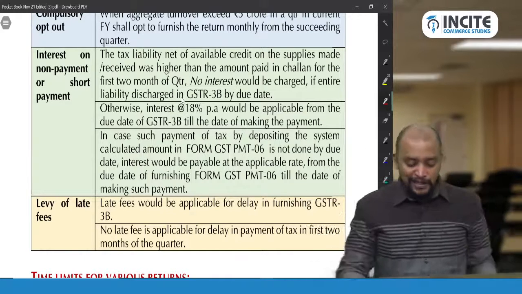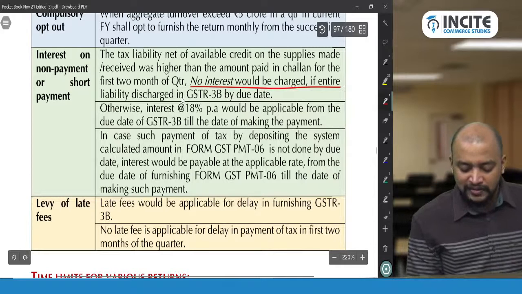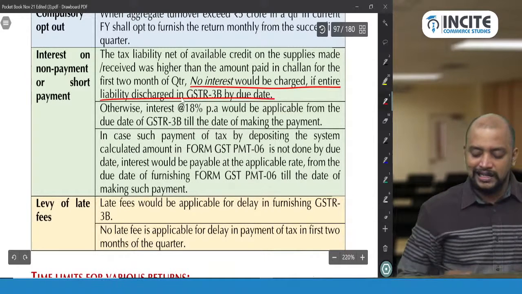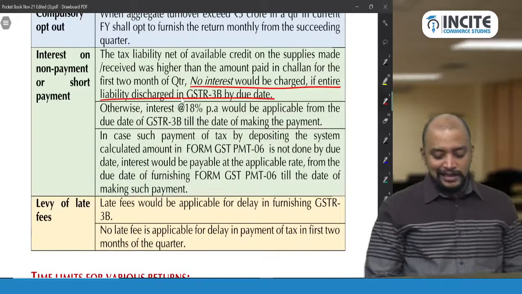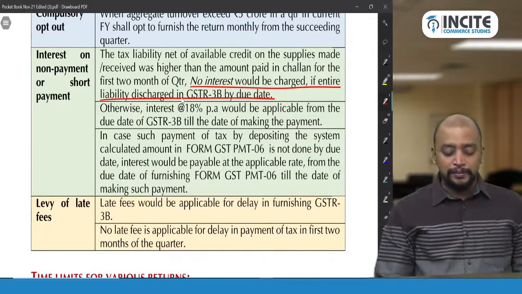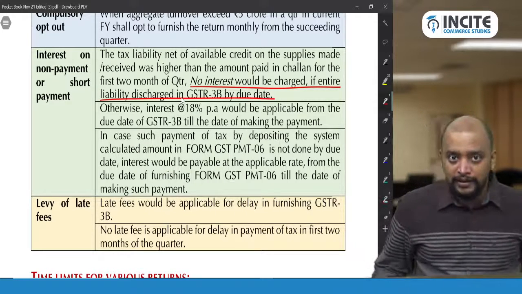No interest would be charged. Very, very important: no interest would be charged if the entire liability is discharged in GSTR 3B by the due date. Otherwise, interest at the rate of 18% per annum would be applicable from the due date of GSTR 3B till the date of making the payment.